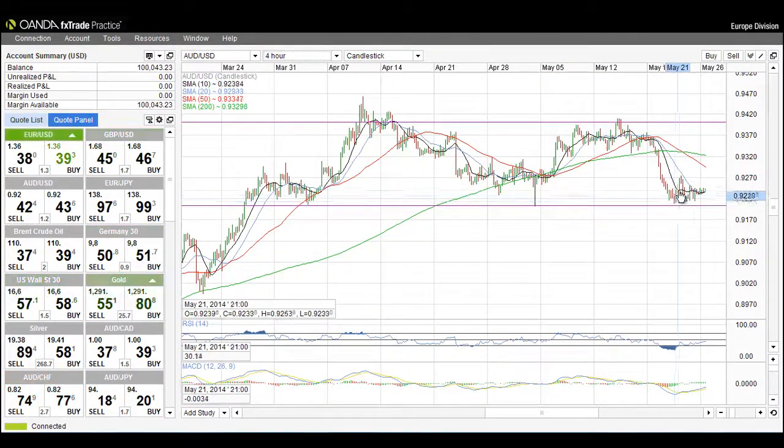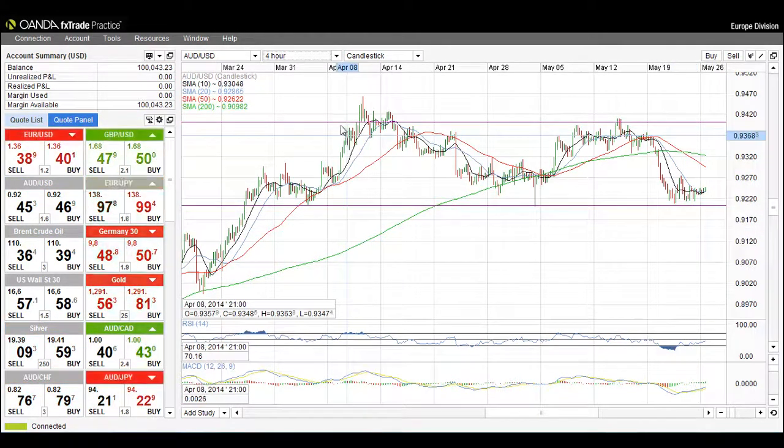Now price is consolidating around this level, so I'm waiting to see if price can break through this level, by which time the downtrend on the daily and on the weekly will be confirmed, and I'll be looking for shorting opportunities from this level to the downside.